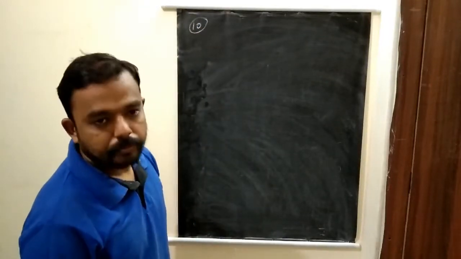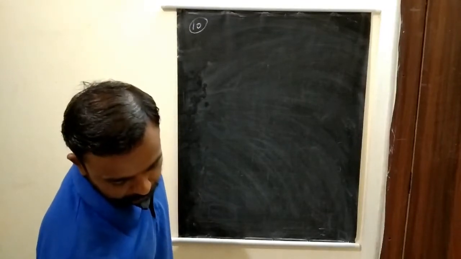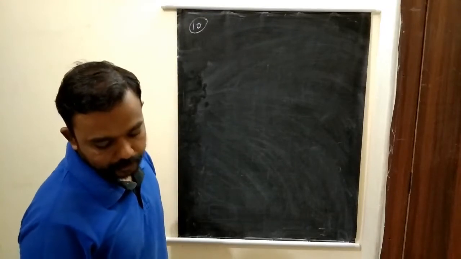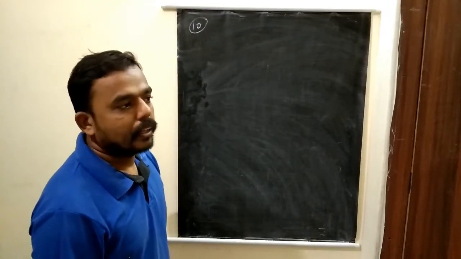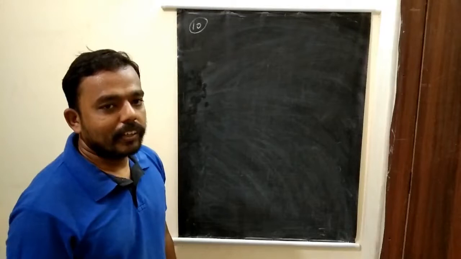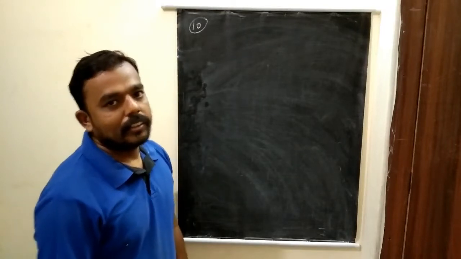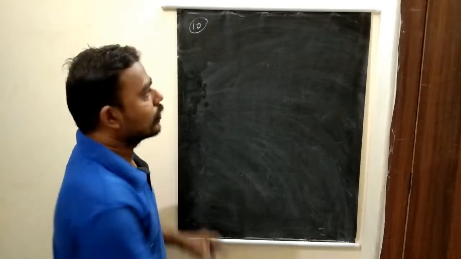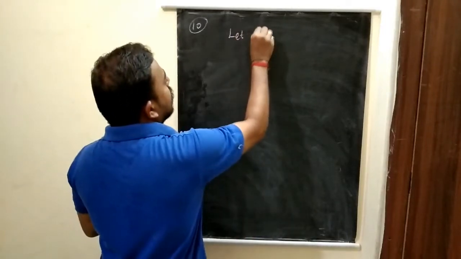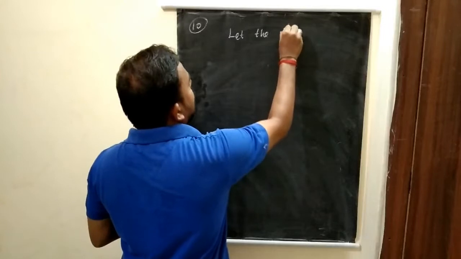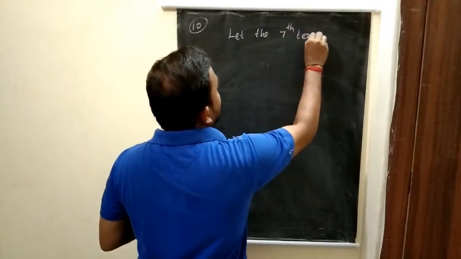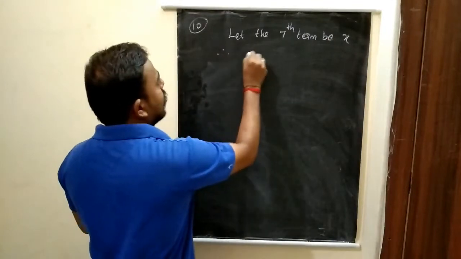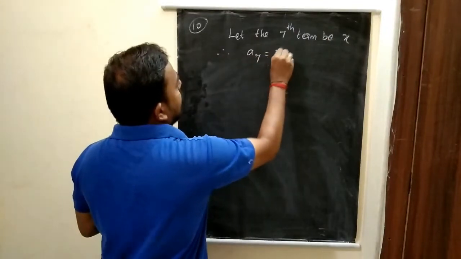Tenth problem. The 17th term of an AP exceeds the 10th term by 7. So the 10th term is not given and the 17th term is also not given. Exceed is given. So let the 10th term be a number, so x. Therefore a10 equal to x.